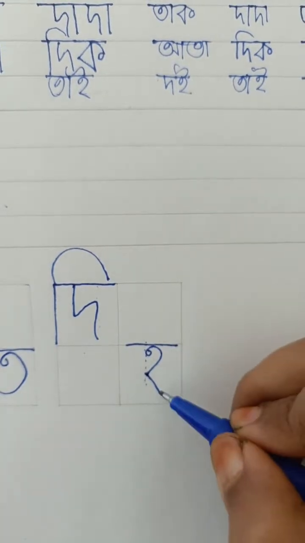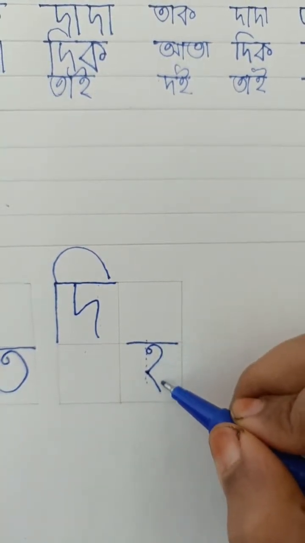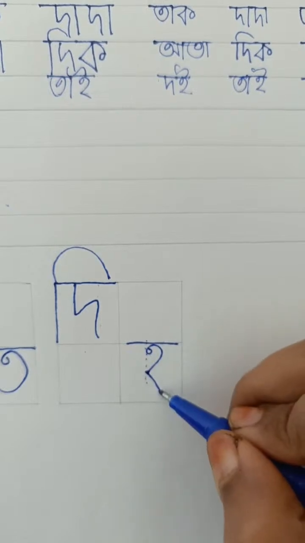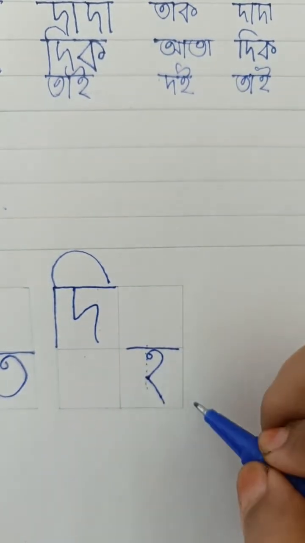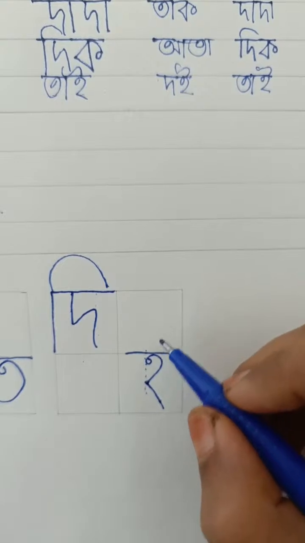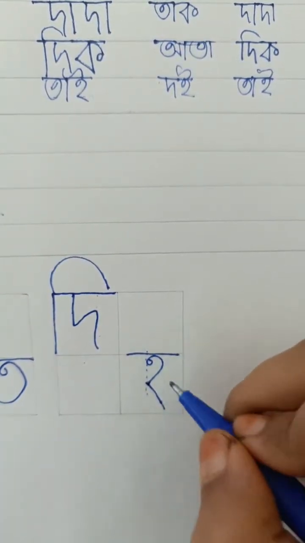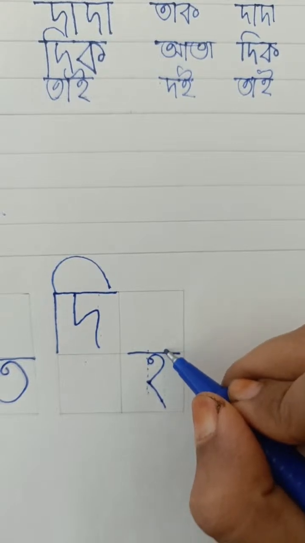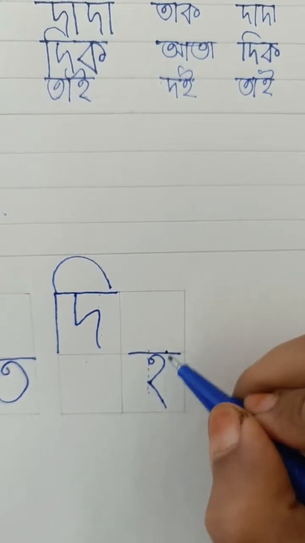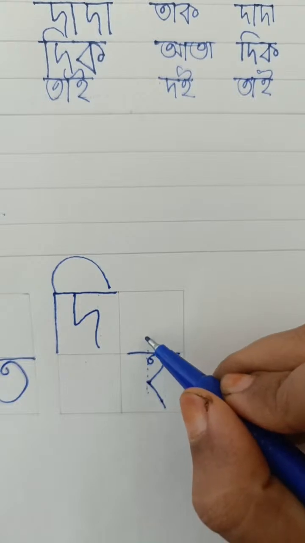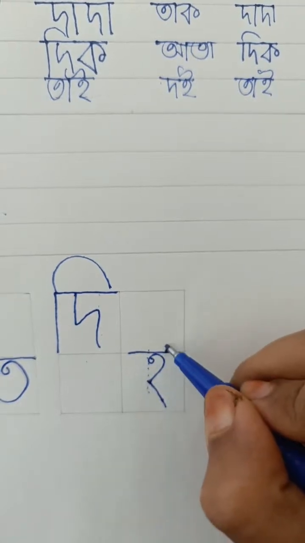And here as well, do not extend past this level. You can a little bit, that's fine. But if you go too much, then it's not going to look good. And when you start the curl on top, it will be kind of at this level, and you start and you end it on this side.